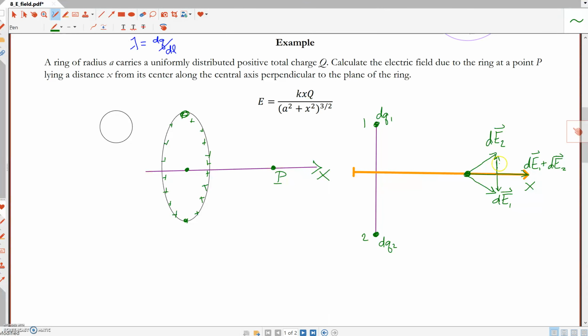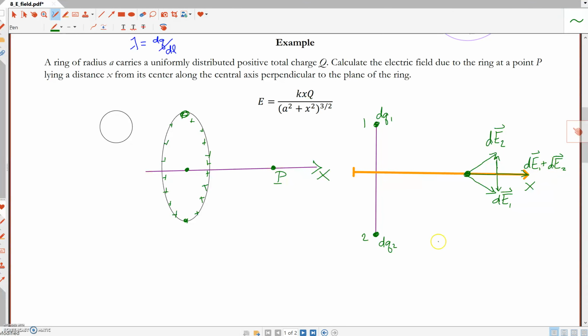So that's convenient. What that means is I can ignore the vertical components of the electric field for all of these points, and I only have to add up the portion of the electric field that points in the x direction.